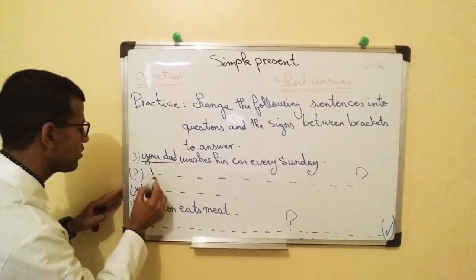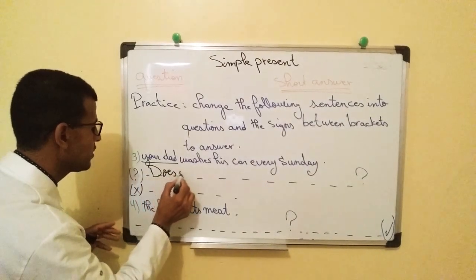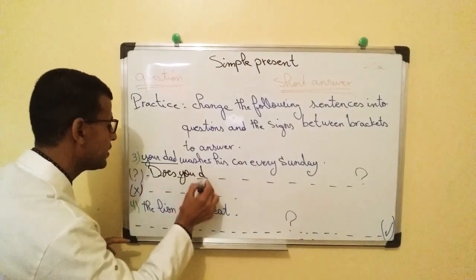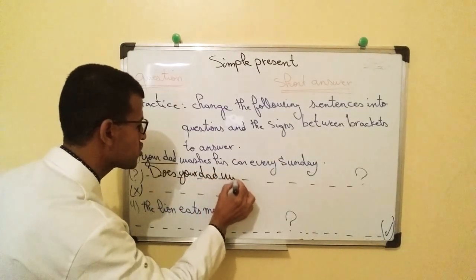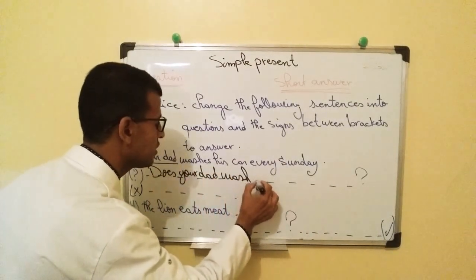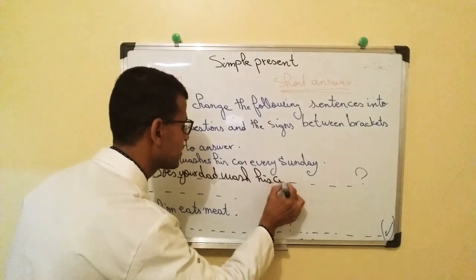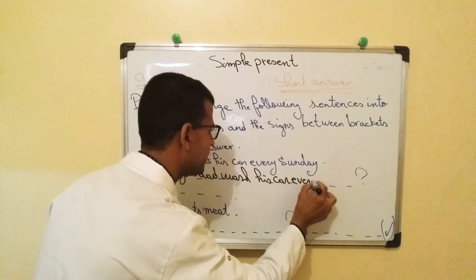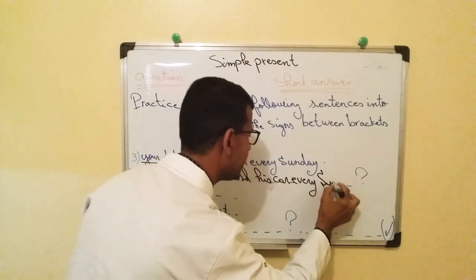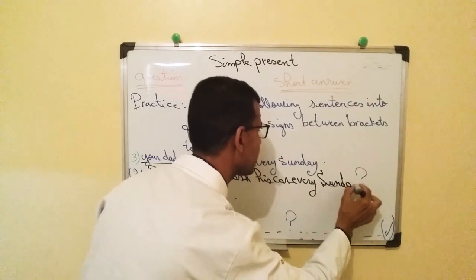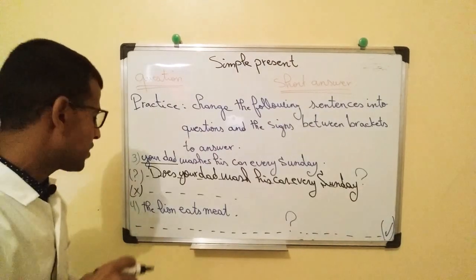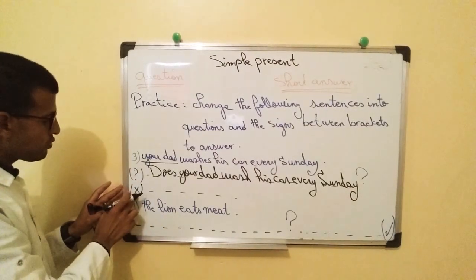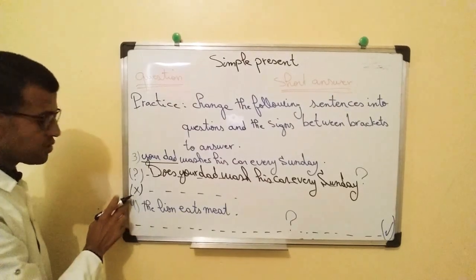Very good. So does your dad wash, in the infinitive, his car every Sunday? Does your dad wash his car every Sunday? Okay, excellent. And here we need the negative form, because I give you a cross between parentheses.